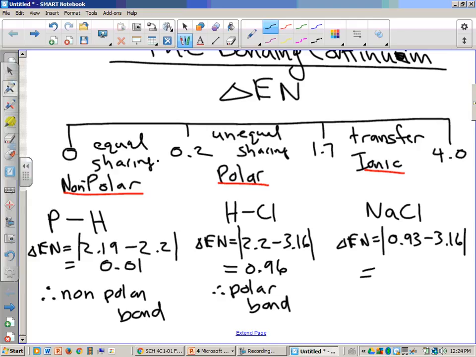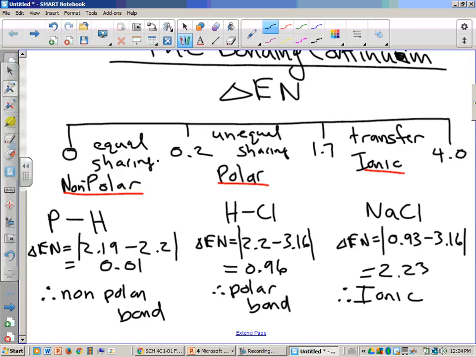And what's the delta EN for that? What do you got? 2.23. Notice that the delta EN is in that range. Therefore, we say it is ionic.